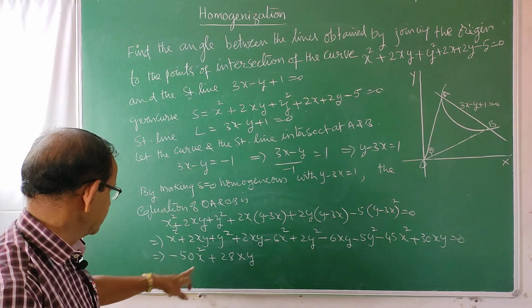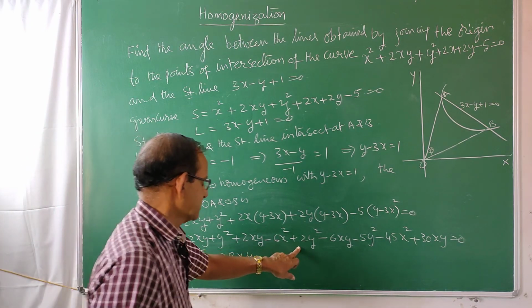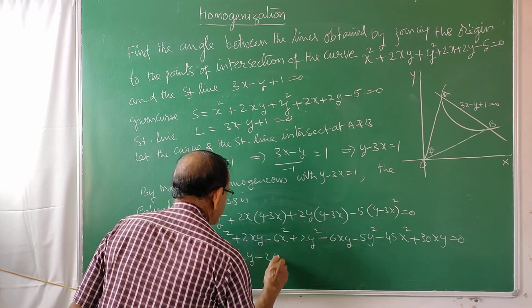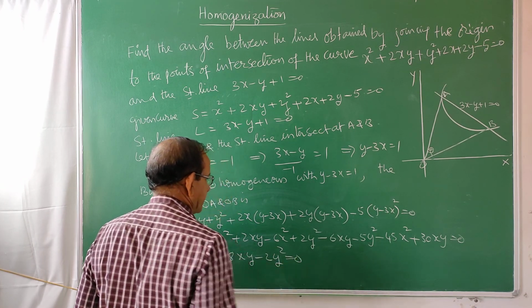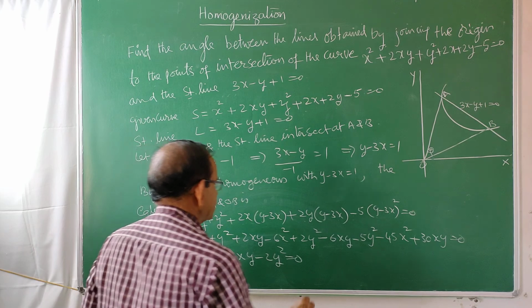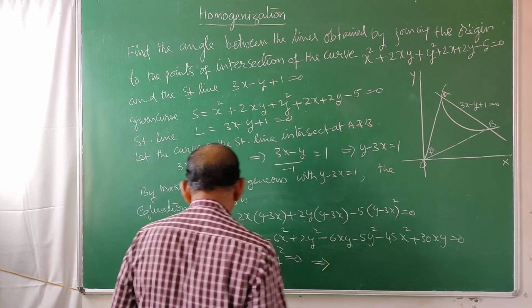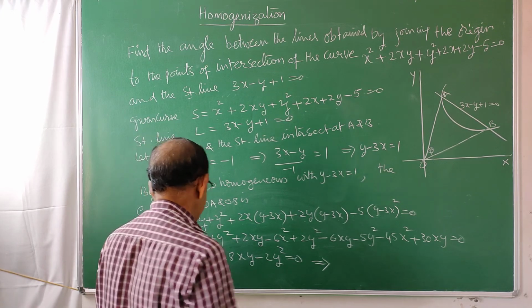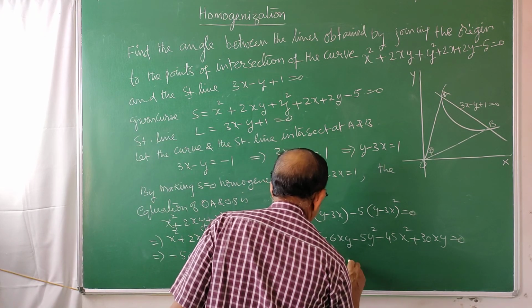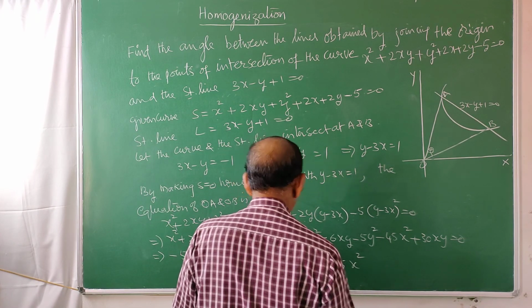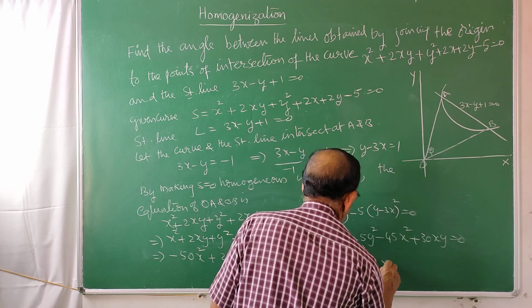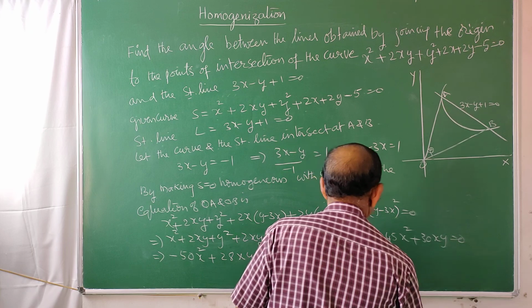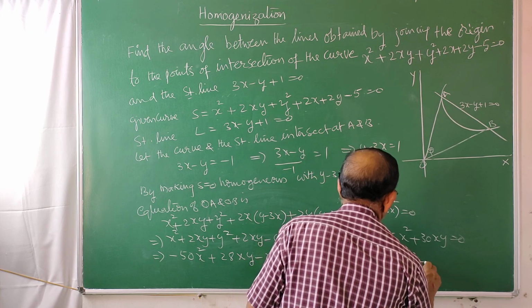Now y square terms, y square plus 2y square, 3y square minus 5y square means minus 2y square is equal to 0. So you can cancel minus 2 in all the terms. If you divide by minus 2, you will get 25x square minus 14xy plus y square is equal to 0.